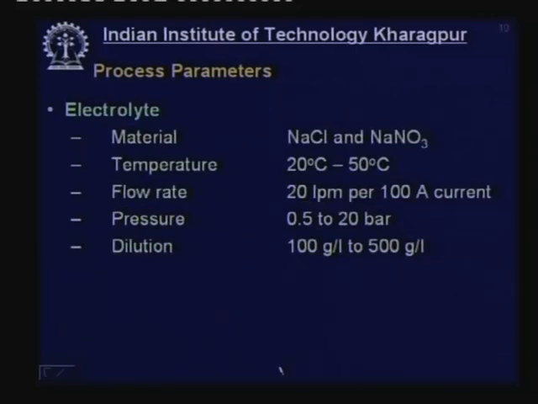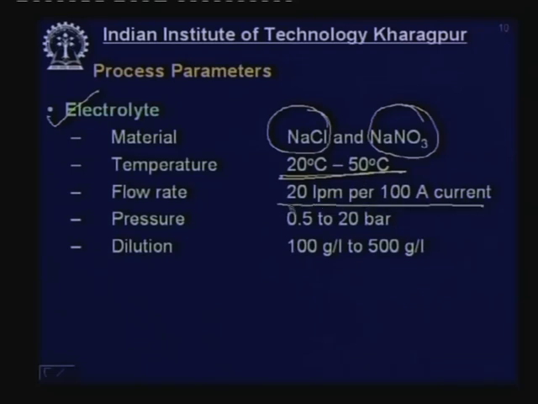Once again, we have the electrolyte. So, electrolyte also plays a significant role in electrochemical machining. Typically, either aqueous solution of sodium chloride or sodium nitrite is used. A temperature is required to be maintained, and a flow rate has to be maintained, because during the machining process, if you are machining iron based alloys, iron chloride or iron hydroxide are forming. Those are sludges.